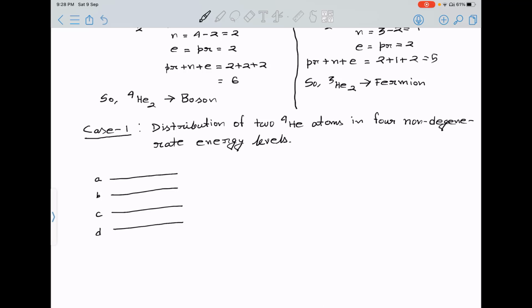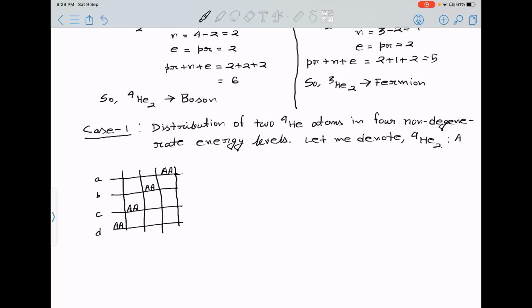As these atoms are bosons, I can place both the atoms in the same state, and this can be done in 4 ways, like this, this, and this.